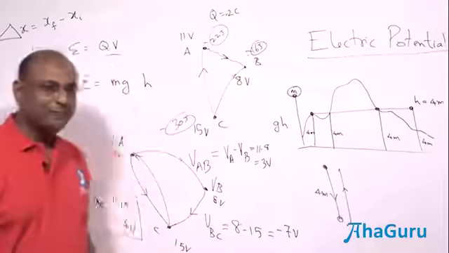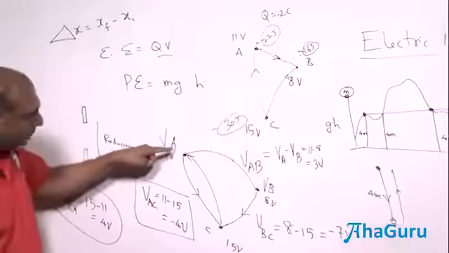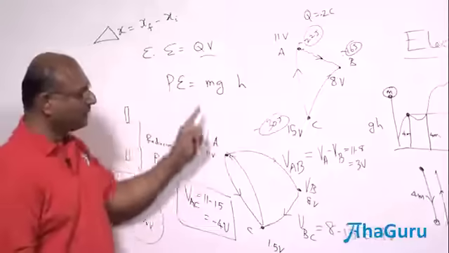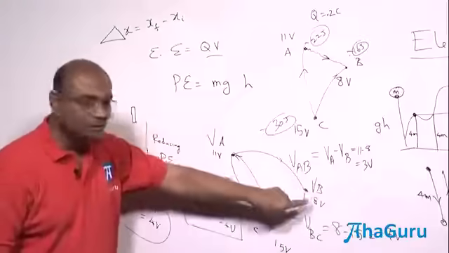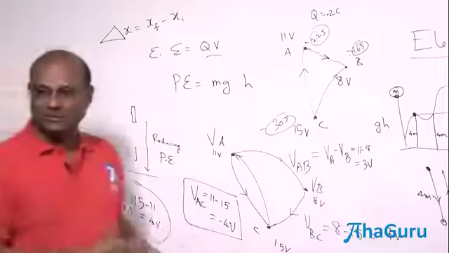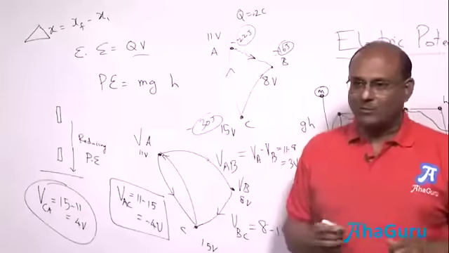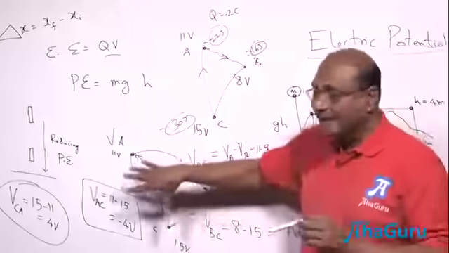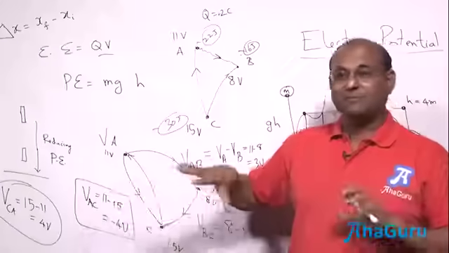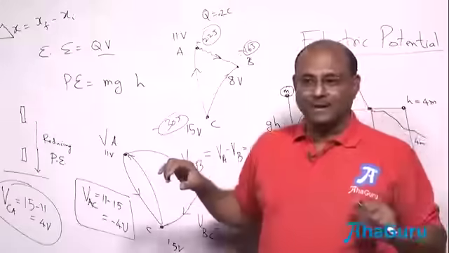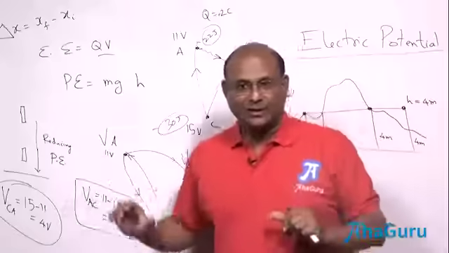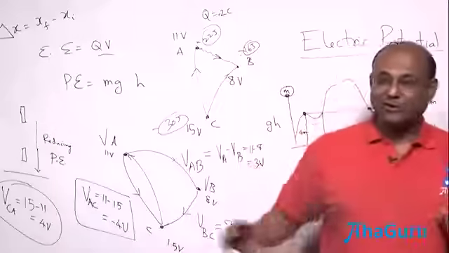The same way we are going to talk about potential drop from A to B. Well, the drop from A to B is 3 volts. The drop from B to A is minus 3 volts. Is that clear? So let us just apply this idea to a few problems, and then we will see that this idea itself is a very powerful principle. A German scientist called Kirchhoff did a lot of work on this.